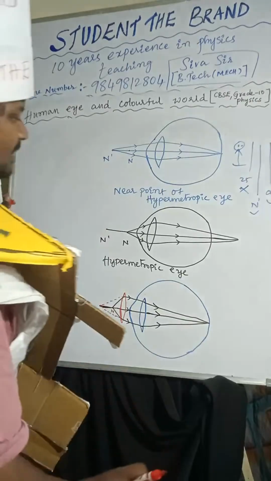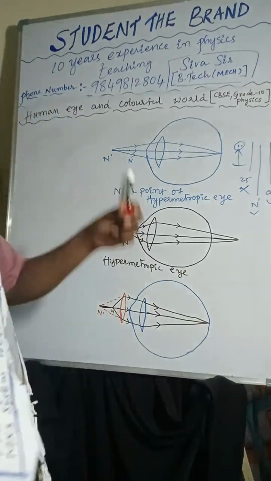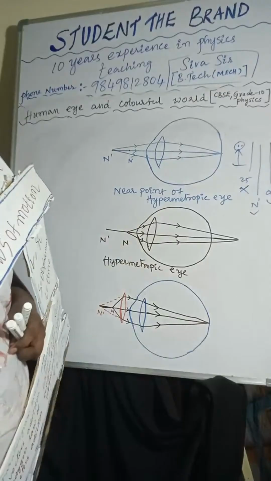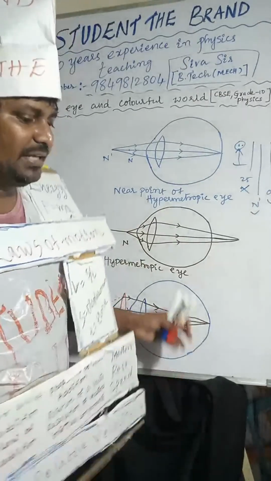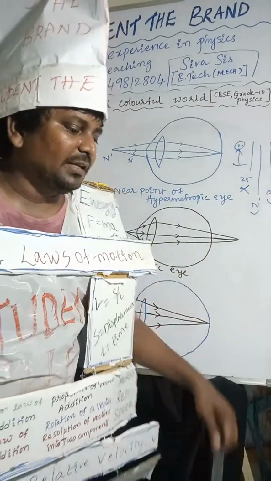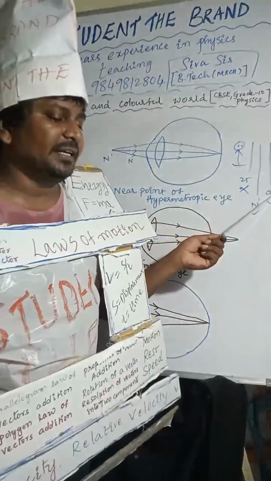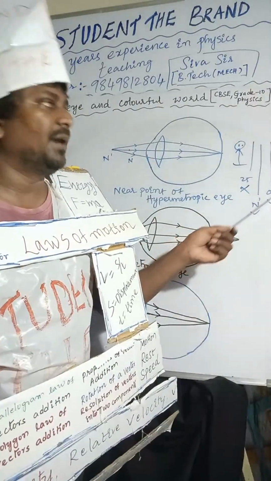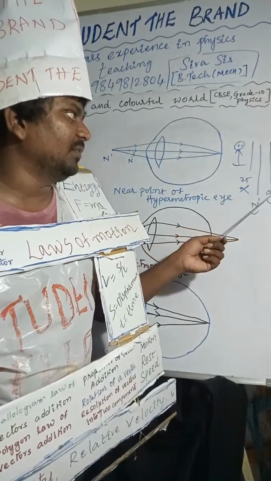So simple logic, very easy logic. If you follow this, you can draw any diagram, myopia or hypermetropia, in an easy, simple way. Remember this logic: the person can see far distance objects, but he can't see near distance objects. 25 he can't see, but he can see infinity, and between 25 and infinity he can see.